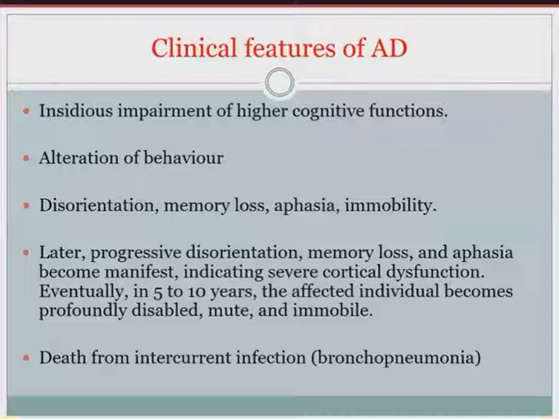In the later phases, the patient may be disoriented, have complete memory loss, maybe aphasia. In the last stage, the patient may be immobile. Progressive disorientation, memory loss, and aphasia become manifest, indicating severe cortical dysfunction.